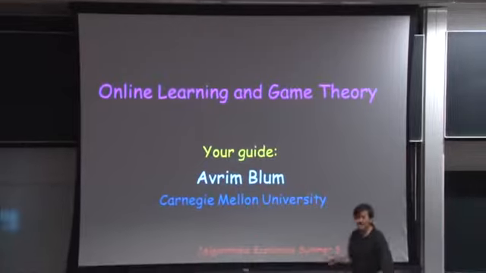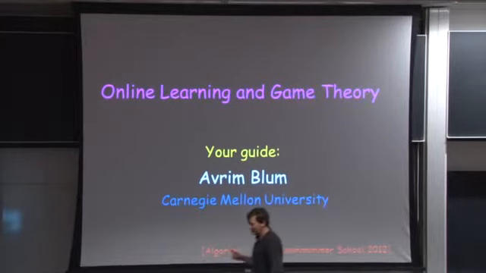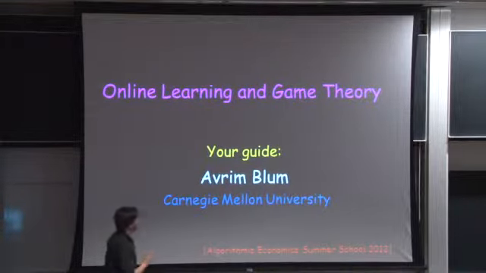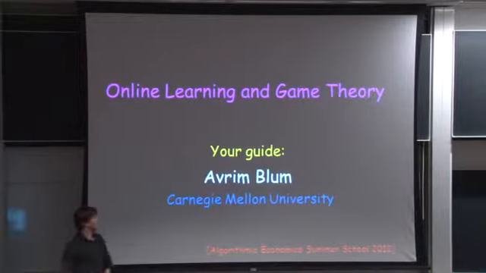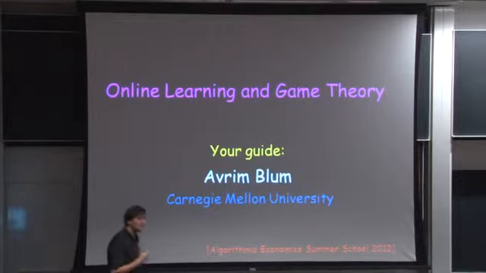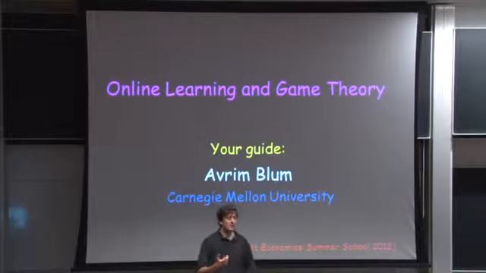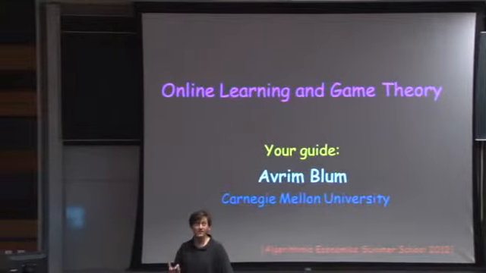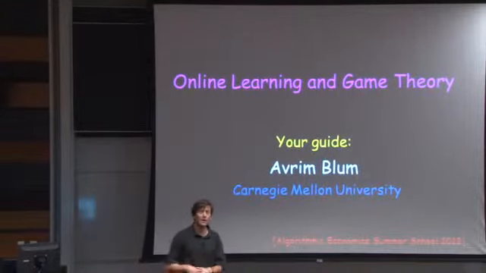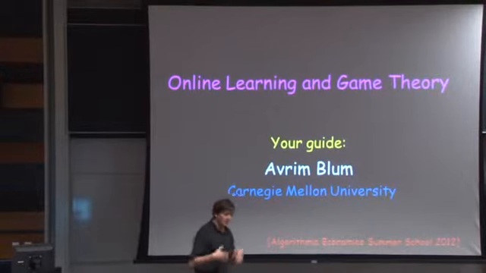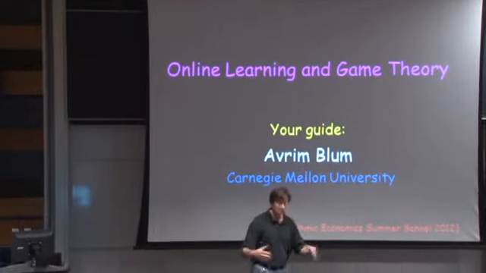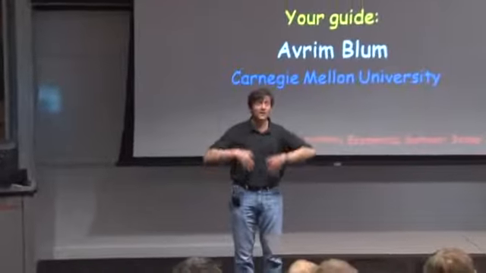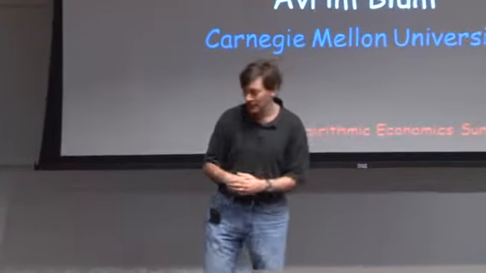Actually, just to start, Ariel reminded me that I never did explain the terminology in the title. Online learning: the word online is meant in the CS sense, as opposed to offline or batch learning. The other common machine learning paradigm is that you're just given a bunch of data and you crunch on it and output something.